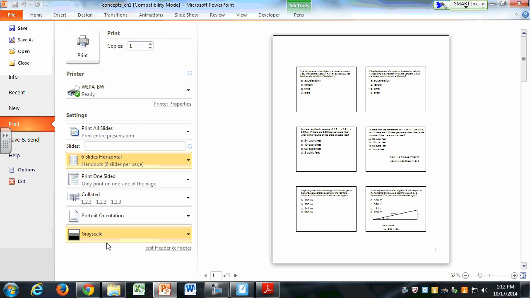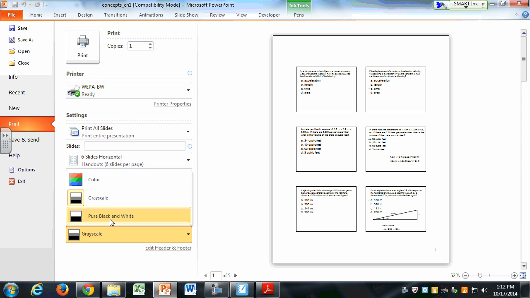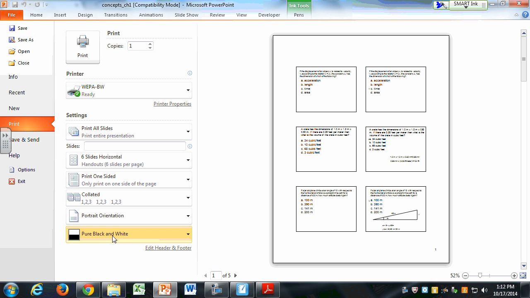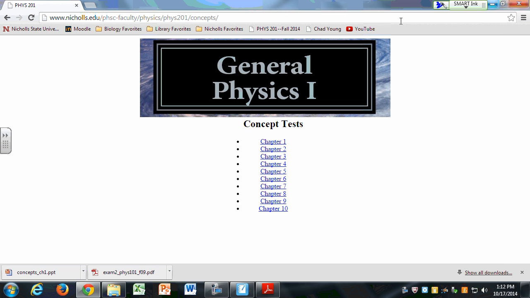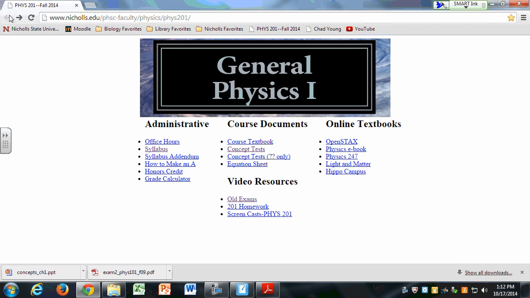And then this is the thing you want to do. You want to do pure black and white. It shouldn't matter. I mean, we can look at the other. I can help you with it later. Okay. You can try grayscale. I'm pretty sure it's pure black and white though, but you could try grayscale as well. Let's see, where was I?